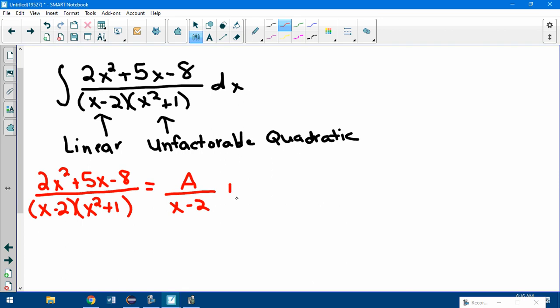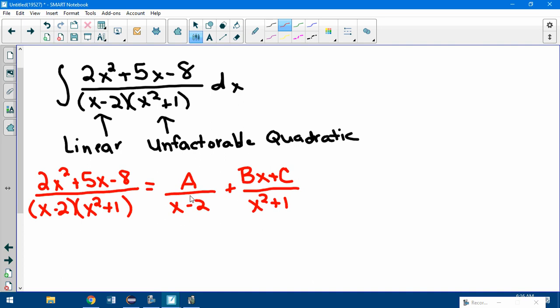But then the second fraction, since I have a quadratic on the bottom, x squared plus 1, the numerator is bx plus c. And I mentioned briefly on the front, we're assuming these fractions can be split up into simplest form fractions, meaning that they are still fractions. They're not improper fractions. There's not a bigger piece on top than the bottom.